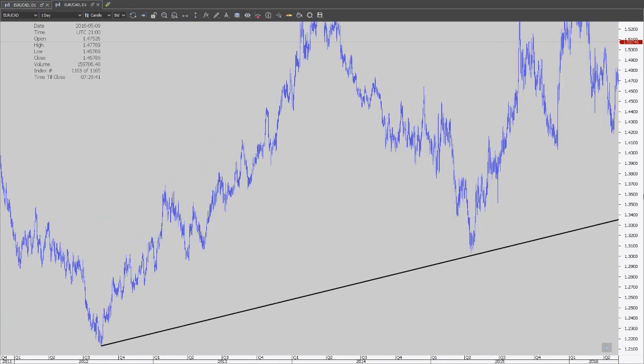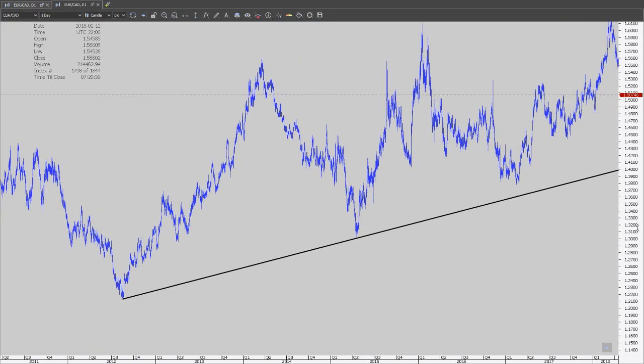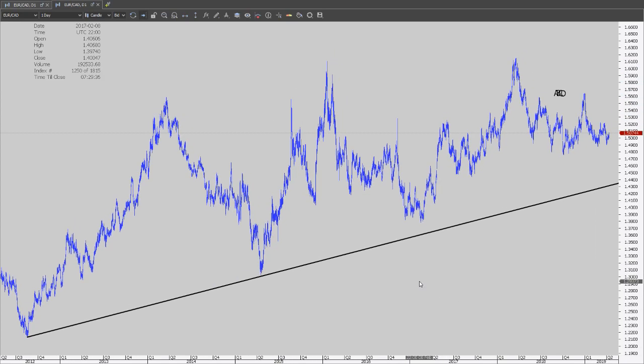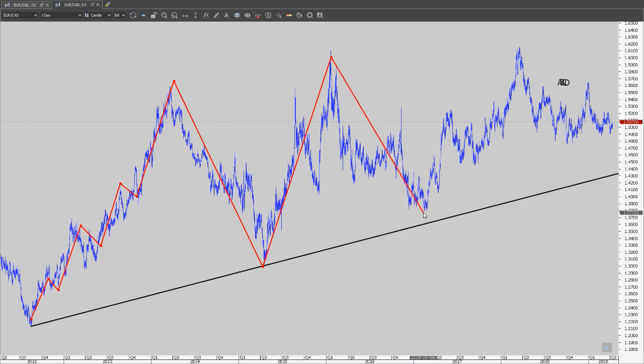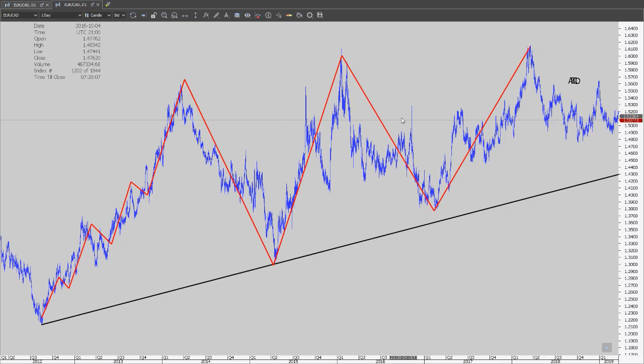For the experienced traders, you can already presume that even though we are going to start drawing our Fibonacci here on the left, most likely the market is going to break our Fibonacci's here, and then is going to break our down Fibonacci here, and is going to break our up Fibonacci here.